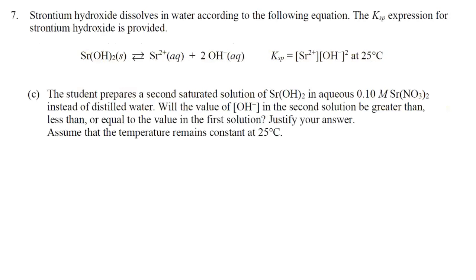So here is the answer to number 7, part C. Will the value of the concentration of the hydroxide ion in the second solution be greater than, less than, or equal to the value from the first solution?